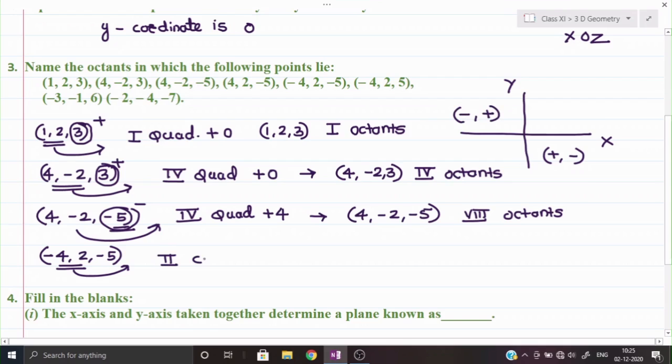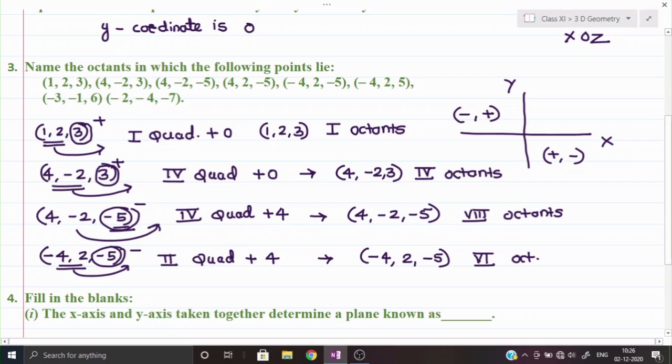Since the z coordinate is negative, we shall add 4 to this. So 4 plus 2 will be 6. So we can say (-4, 2, -5) will lie in the sixth octant.